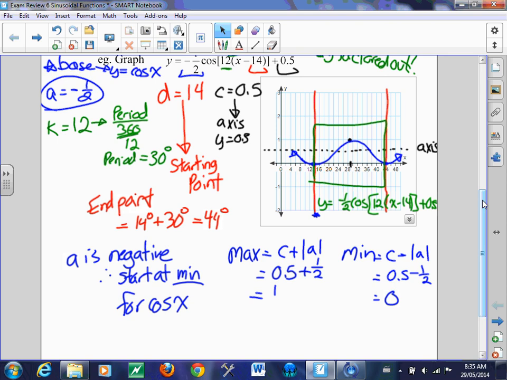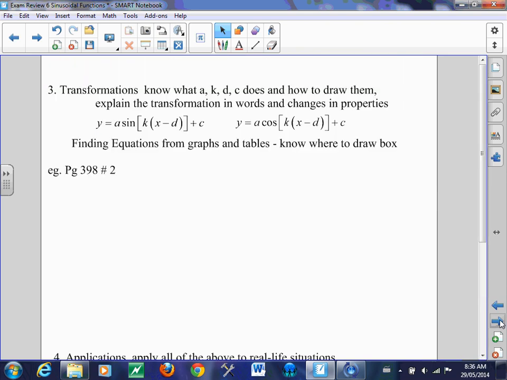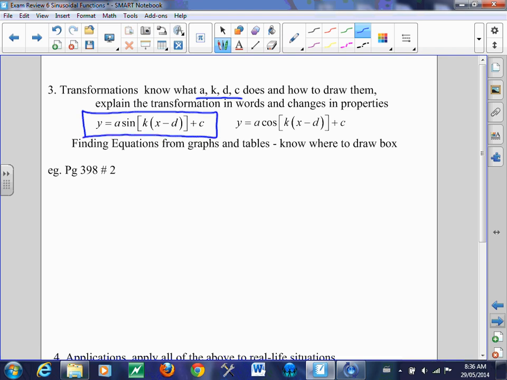All right, flip to the next page, guys. All right, transformations. Again, I'm going to emphasize, know what A, K, D, C does and how to draw them. Explain the transformations in words and the changes in the properties from the base function, from the base formula. So again, this is your sinusoidal transformation formula.